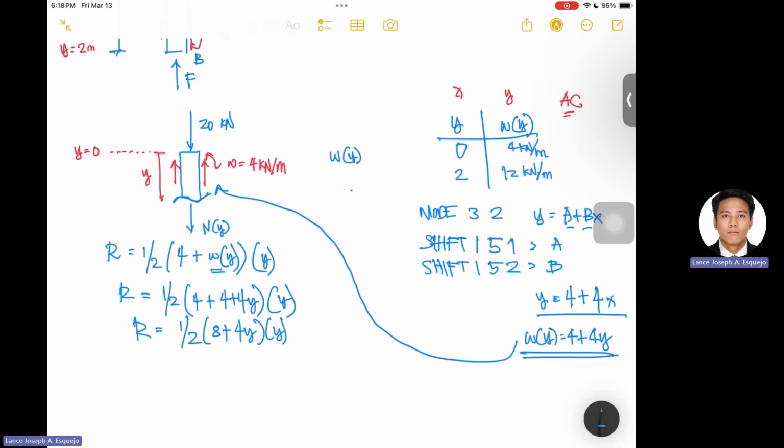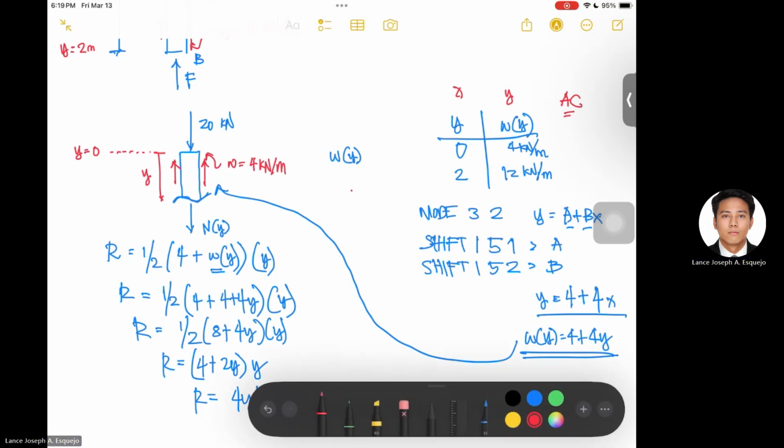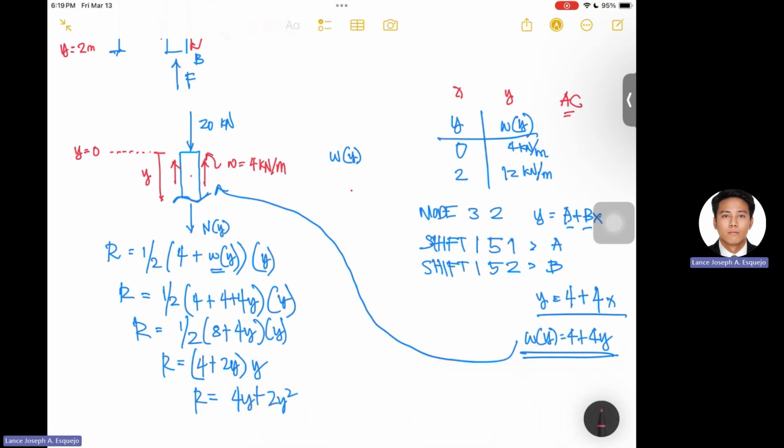Distribute natin yung 1 half, we get 4 plus 2y times y, and then we'll end up with 4y plus 2y squared. Ito na yung ating magiging resultant in terms of the value of y.